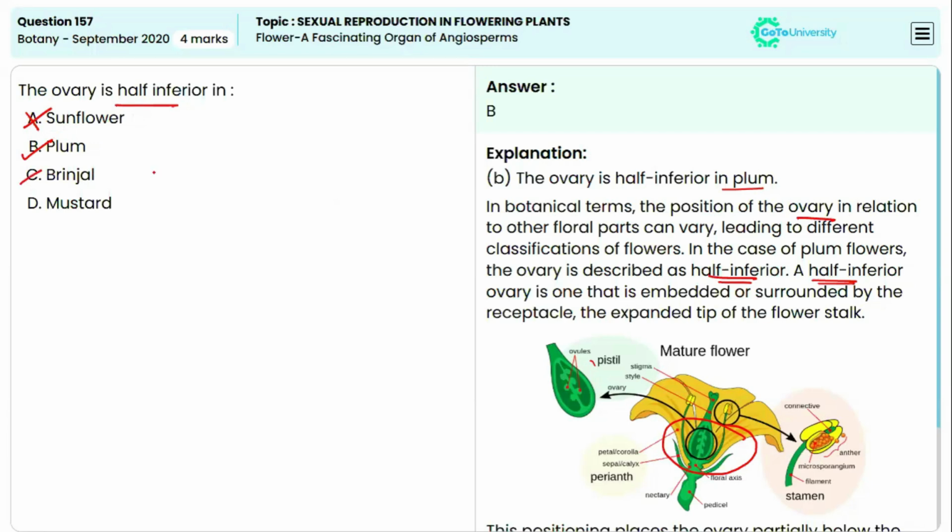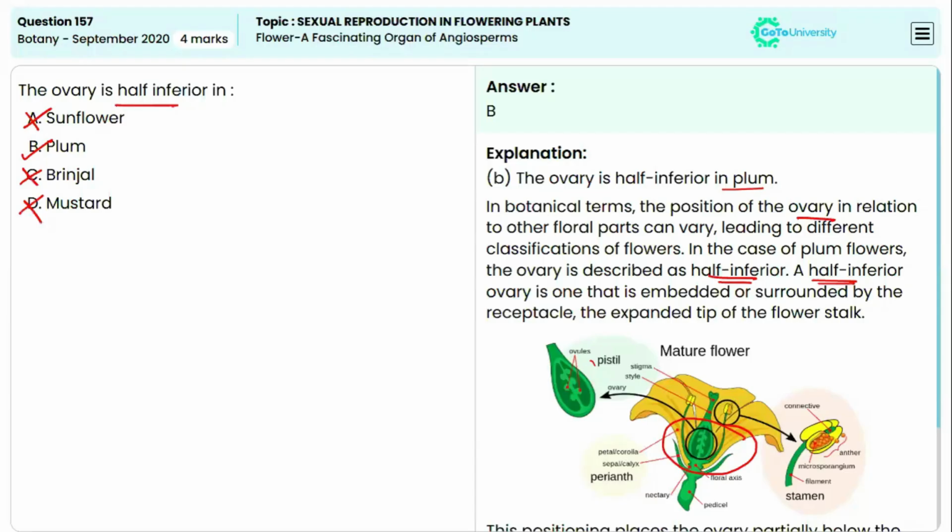Brinjal is similar to mustard, as it is with option D. Here the ovary is superior, not half inferior. Superior means it is located above the other floral parts. So option C and option D are incorrect answers. The correct answer is option B, plum. So by this, the questions are done.